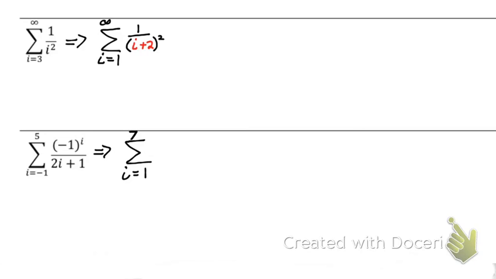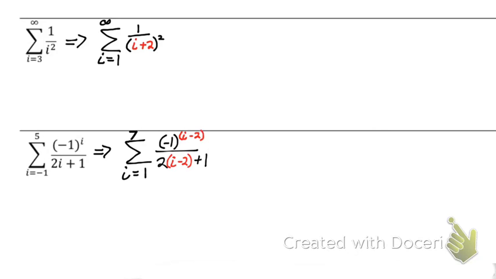So if I adjust down, I have to add. What do you think happens if I adjust up? Lewis, what do you got? I'm going to subtract. So if I subtract 2 off of these, or add 2 to those, we are going to replace all of our I's with I minus 2, and we're going to replace our other I with I minus 2 plus 1.